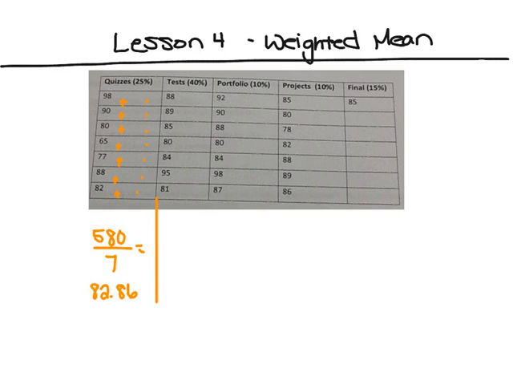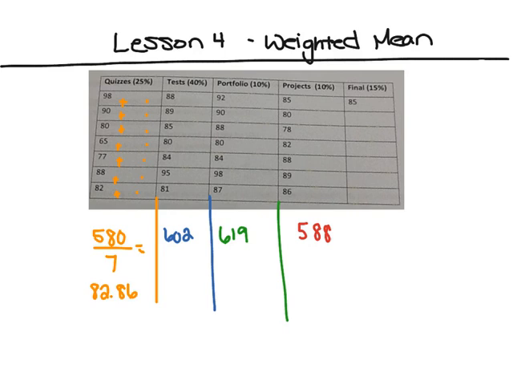So what I want you to do is pause the video and add up all of the totals for tests, portfolios, projects, and final is only one mark. So for tests, you should get 602. For portfolios, you should have got 619. And for projects, you should have got 588.